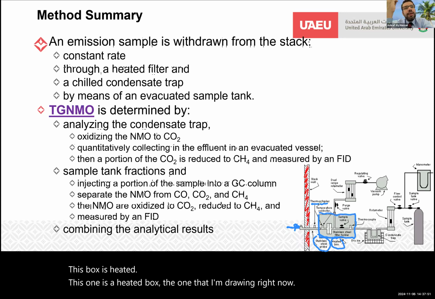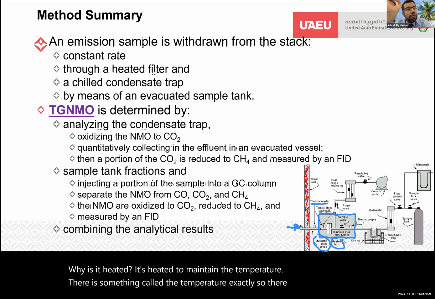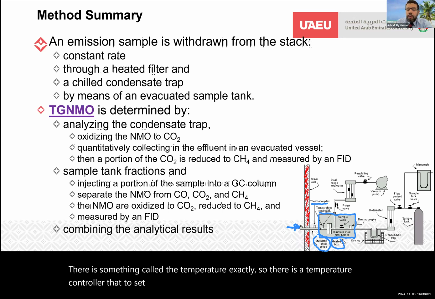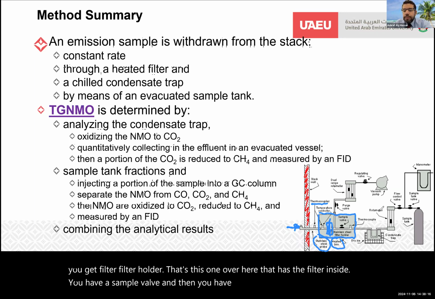Why is it heated? It's heated to maintain the temperature. Exactly. So there is a temperature controller to set the temperature to the required value. And then you get the filter holder, that's this one over here that has the filter inside. You have a sample valve, and then you have two pathways.